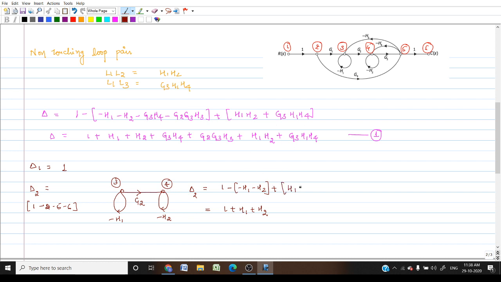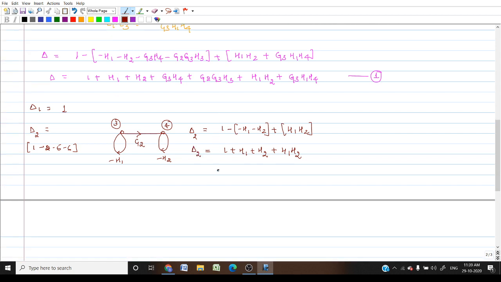So you just have to apply the delta formula for this signal flow graph. The two individual loops are H1 and H2, and we have a loop pair also, H1, H2. So plus H1 into H2. So this is the delta 2 value.